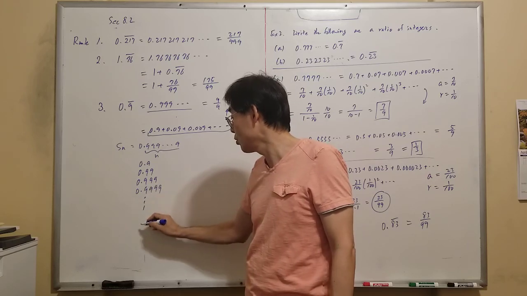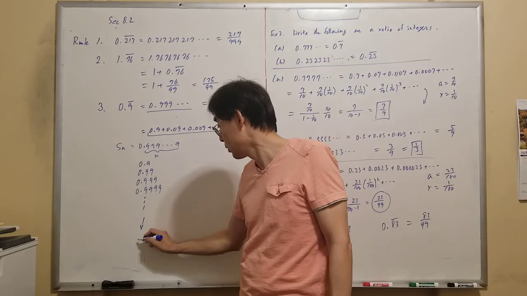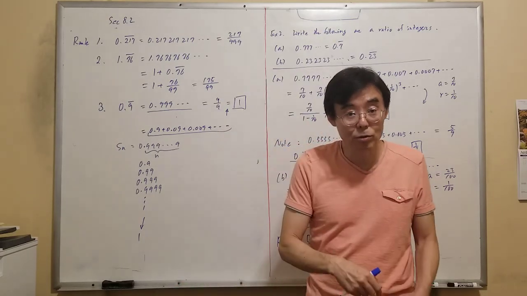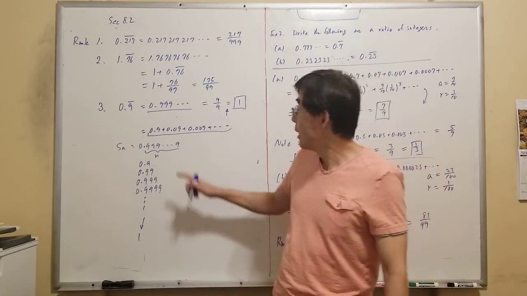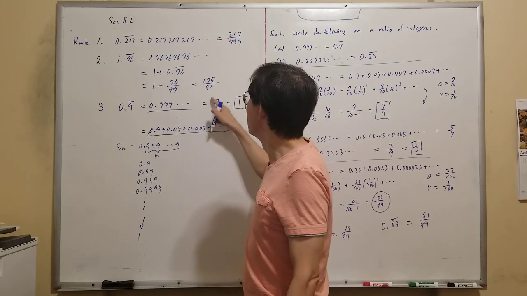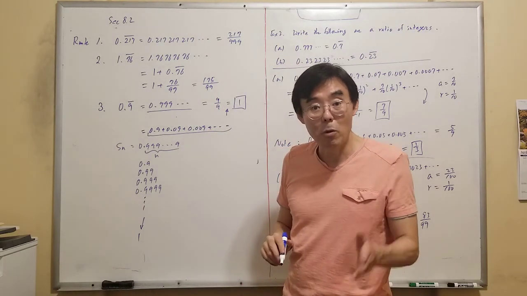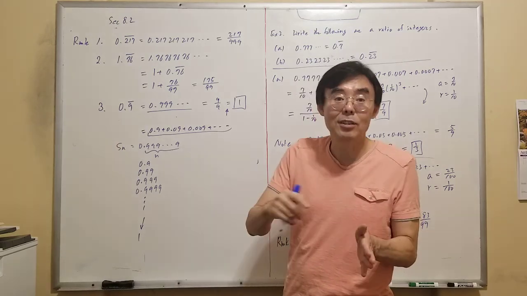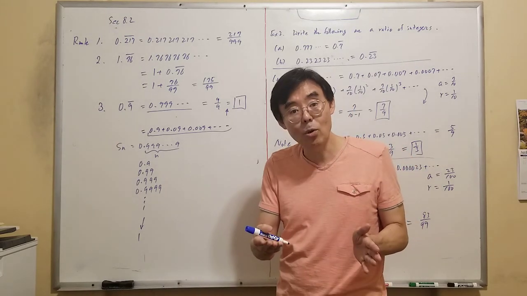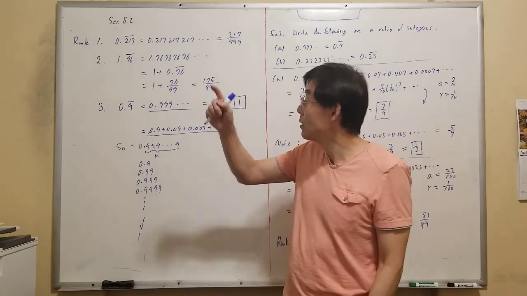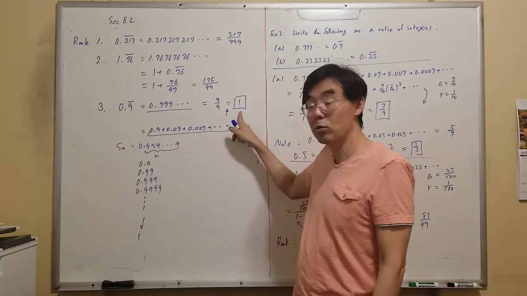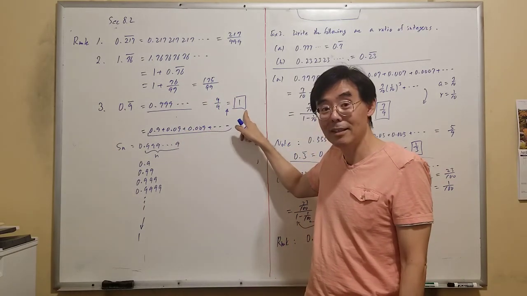Is it converging to somewhere? Of course, it is getting closer and closer to 1 indefinitely. And this is the limit of the partial sum sequence, or the sum of the infinite series. The target number this running total is approaching. Certainly, the running total is approaching 1. This is exactly 1. All right?